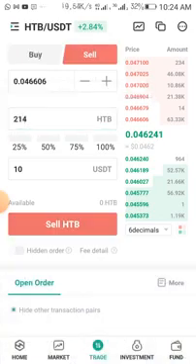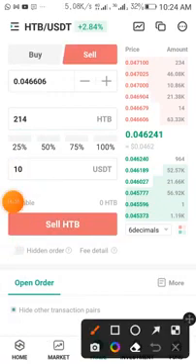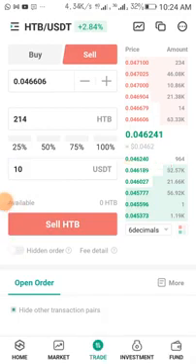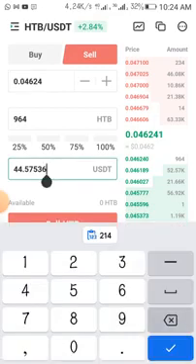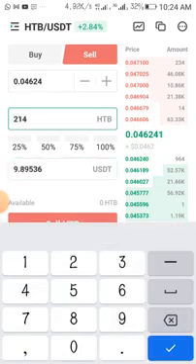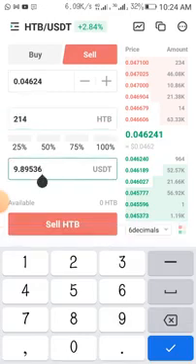So I will go over to my selling side to sell off my 214. If I want to sell to the best rate, which is this first guy here, I will click on his rate. Price has been updated, so I'll filter in. I want to sell 214. Can you see? Instead of making profit or getting back my $10, it was reduced to $9.8.